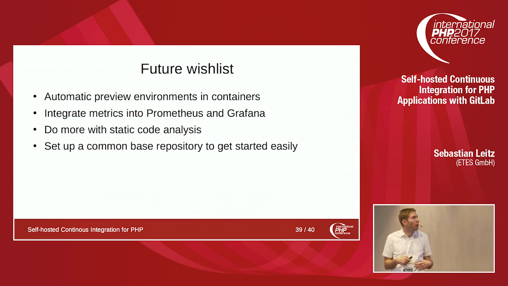I have not found any kind of cool guides for doing this for PHP, so it's postponed, but I hope we can introduce that soon. I would also like to use the GitLab integrated Prometheus, which is a metric database or monitoring database to collect something like exception counts or failed logins or other metrics from our applications, feed that into the GitLab and, for example, visualize it using Grafana.